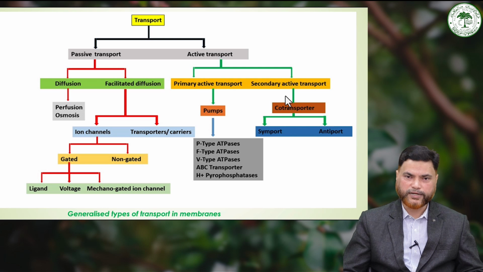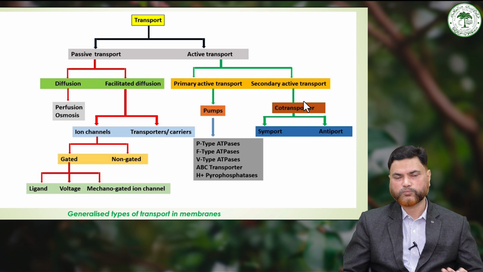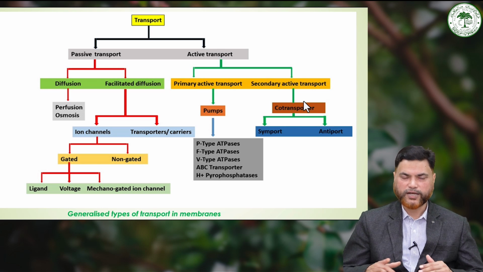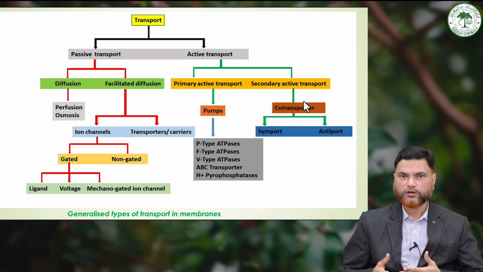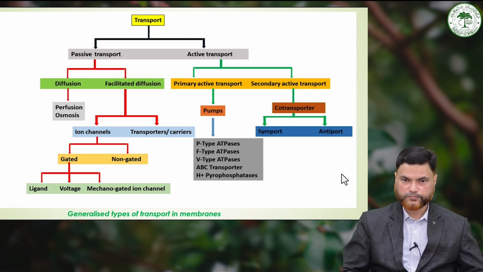I will discuss the primary active transport in detail, but you must keep in mind the sketch of the whole transport system. Then we will go one by one. That is also very interesting to share with you.